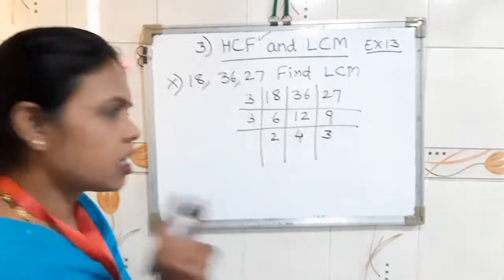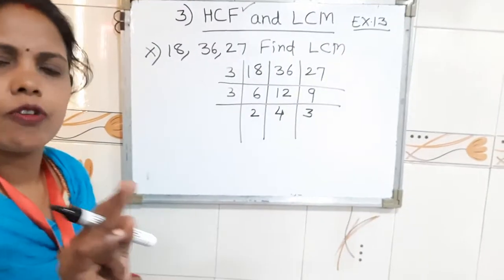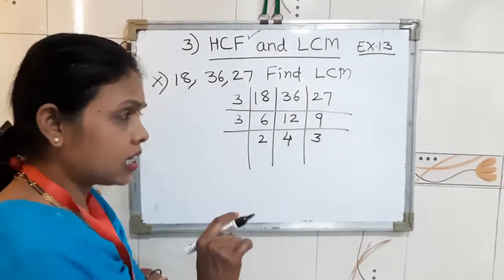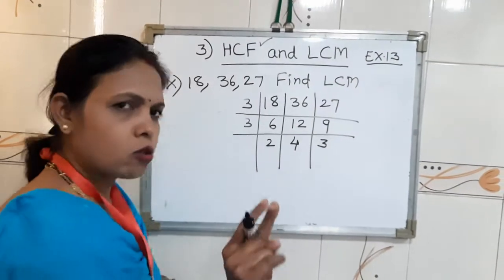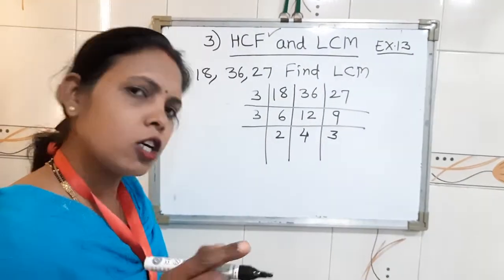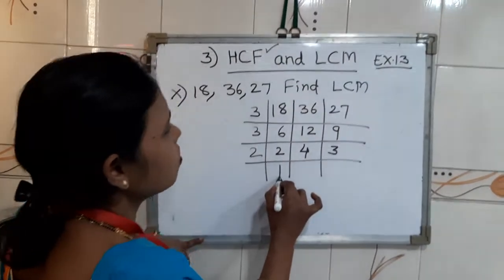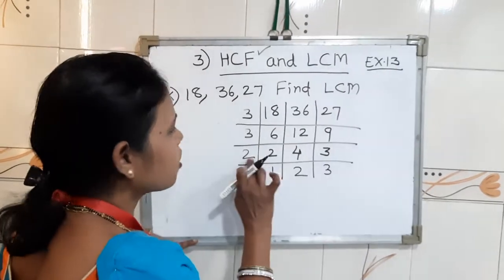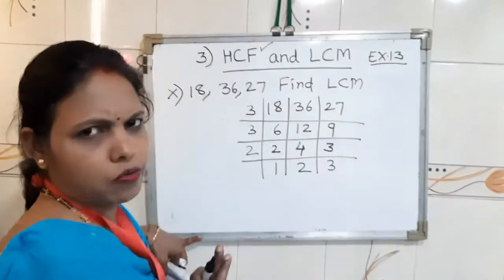Now here only 2 and 4 remain, and they have a common factor. It does not matter if only two numbers have a common factor, you can take it. Then 2 1s are 2, 2 2s are 4. The remaining 3 will not divide by 2, therefore we write it as it is.